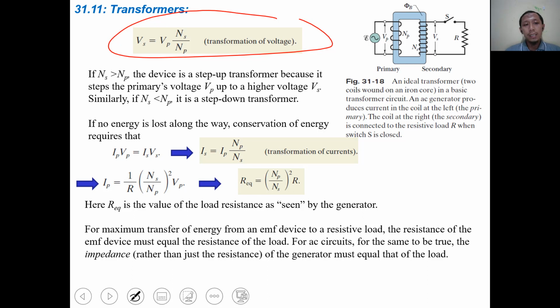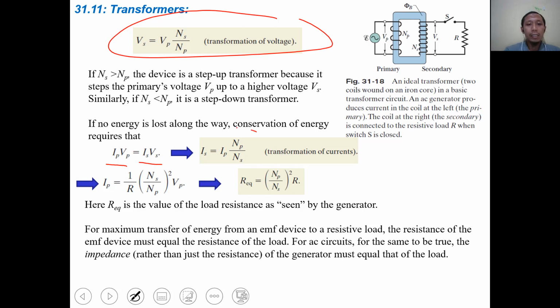And then there is no energy loss, so the energy is conserved between the primary and the secondary. Using this equation, this is the power in the primary and this is the power in the secondary. So Ip, the current in the primary, dot Vp, the voltage in the primary, is equal to the current in the secondary dot the voltage in the secondary.